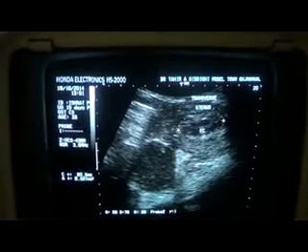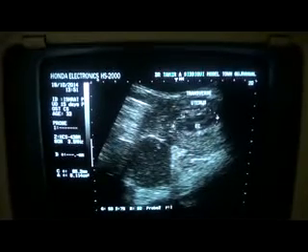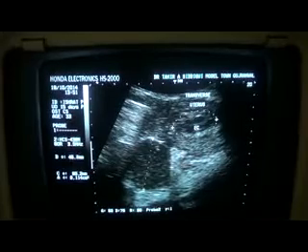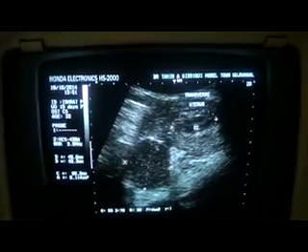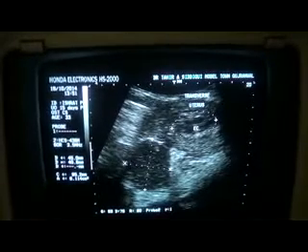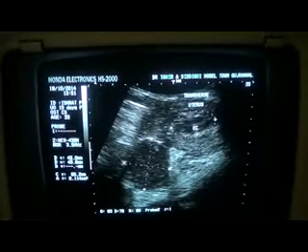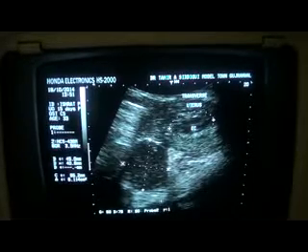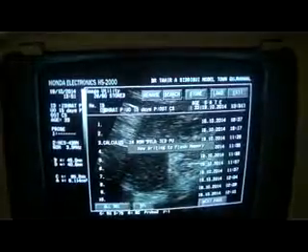This is the pocket full of echo-filled fluid posterior to the uterus, and you can see posterior wall acoustic enhancement, a strong back wall, behind this echo-filled pocket.